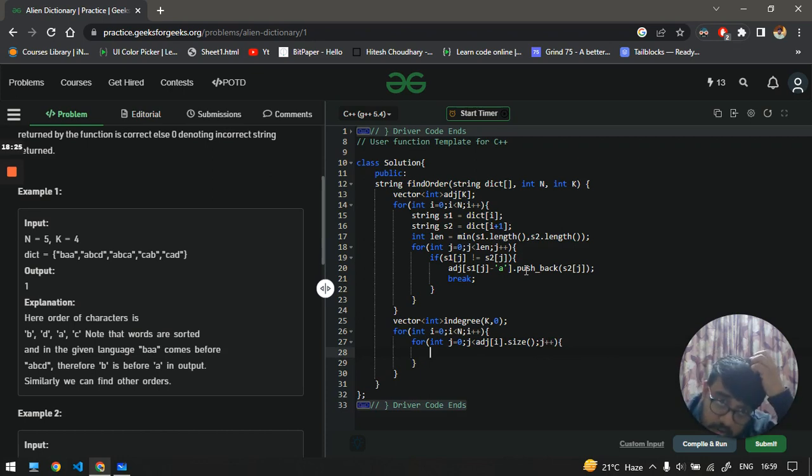And now I'll just make the in degree of adjacent of i comma j plus plus. So the in degree array code is very simple.